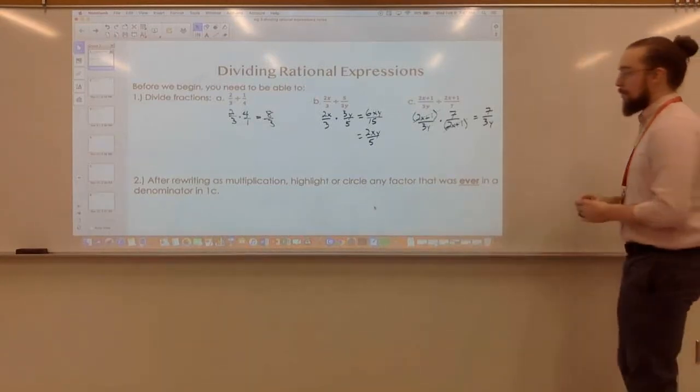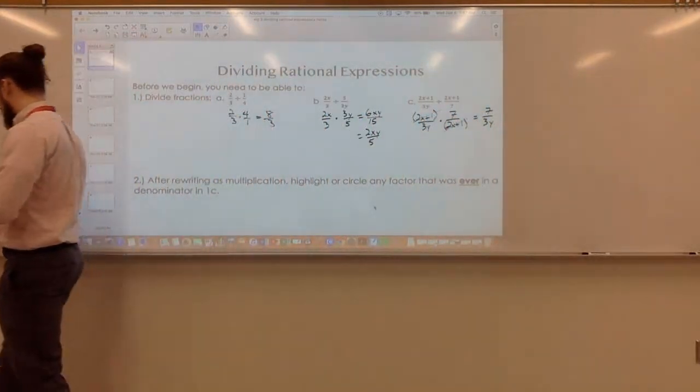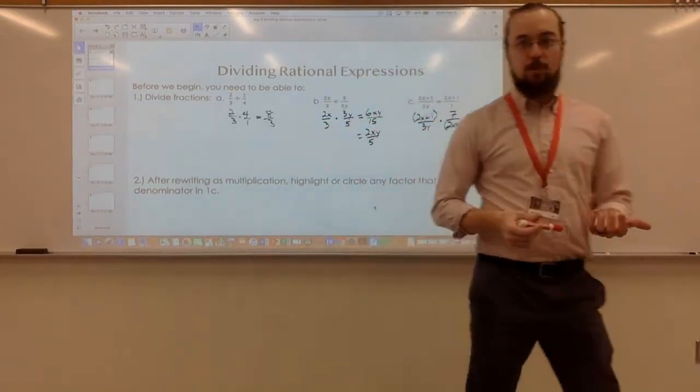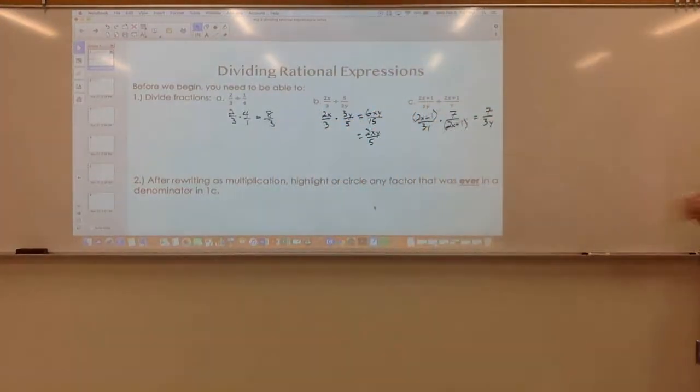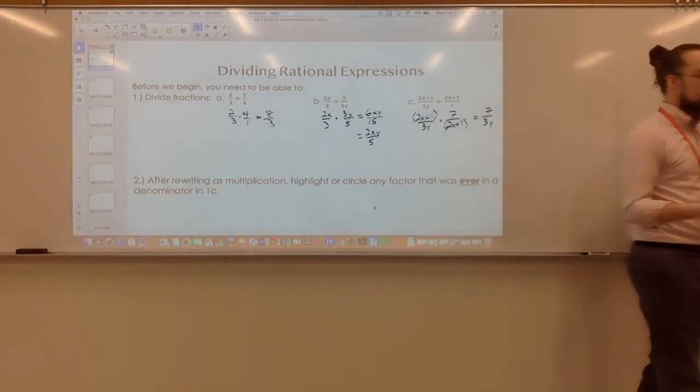Alright, now, one thing that we want to obviously continue doing is stating our restrictions. Okay? So this is going to be the second thing that's slightly different between dividing and multiplying.